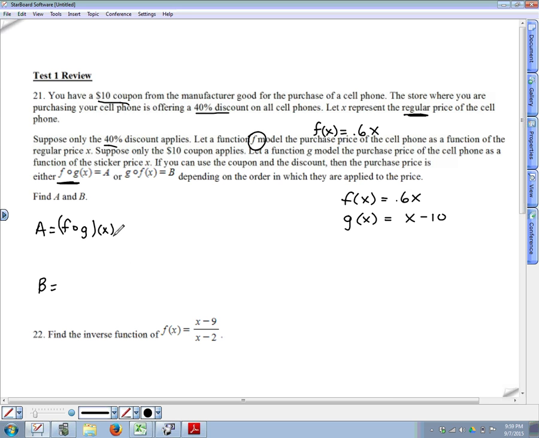A is f of g of x. That means the g function goes inside of the f function. So the f function is 0.6 multiplied by x. Now, rather than placing an x there, I'm going to have an empty spot, because that's where the input goes. The input is the actual g function itself.